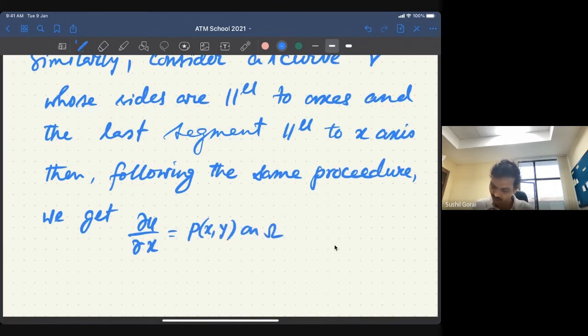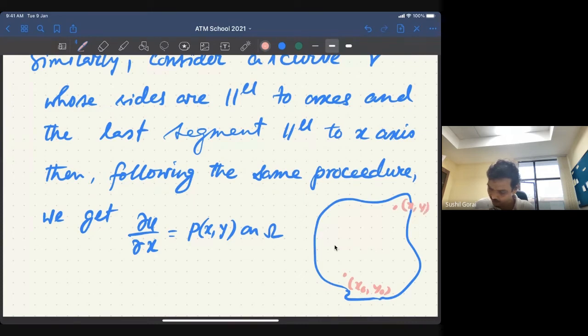So the point is, here you have this omega, and this is (x0,y0), and here (x,y). We take whatever curve we like, but the last component should be horizontal. Okay? There you will find this.